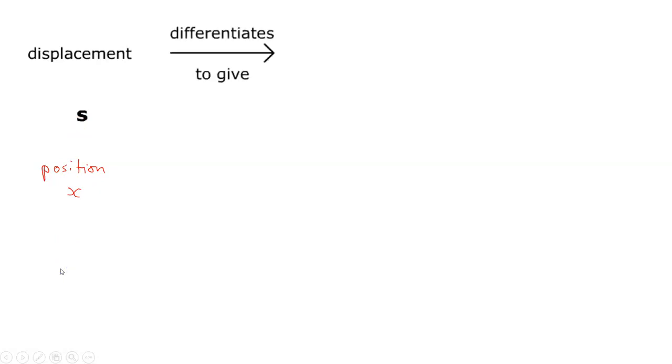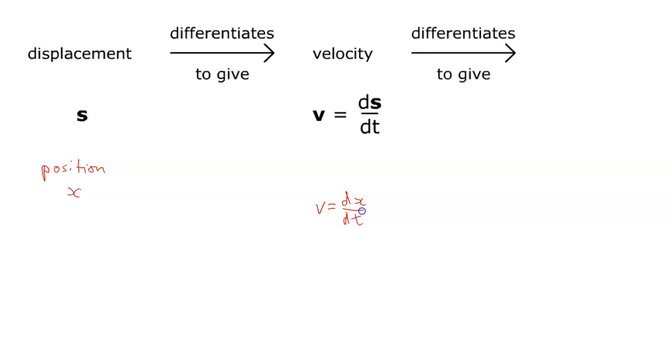Now we can differentiate our position function to give our velocity function. So v equals ds by dt. Alternatively, v equals dx by dt, depending on which one we're using. And then we can differentiate our velocity functions to give our acceleration functions.